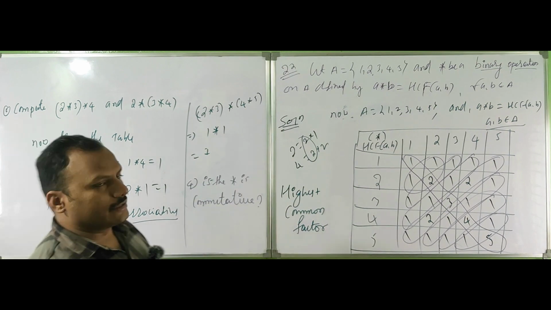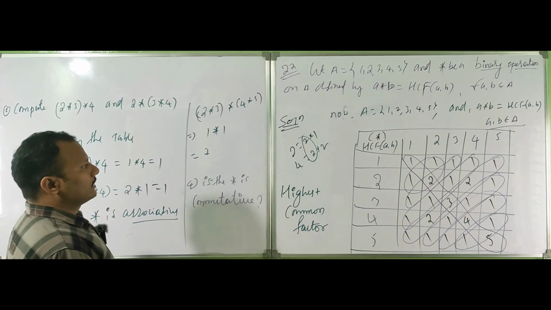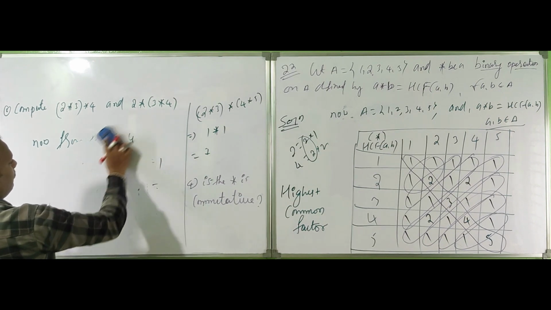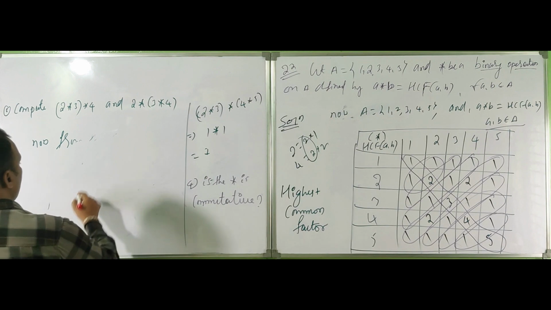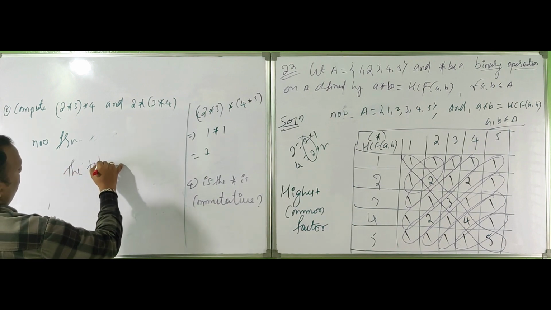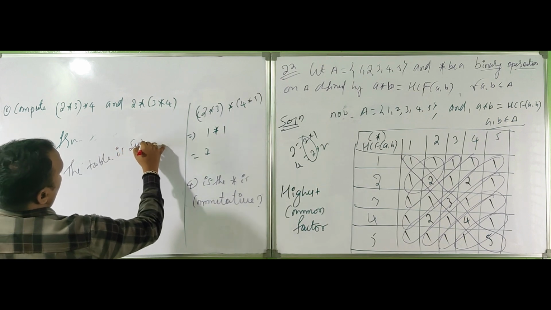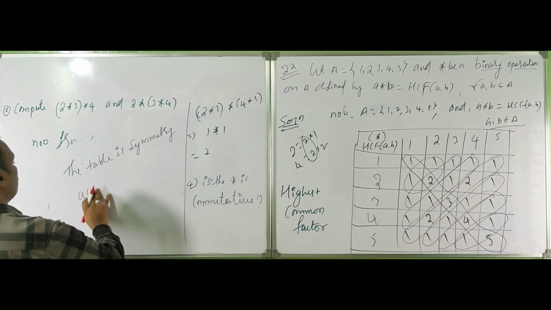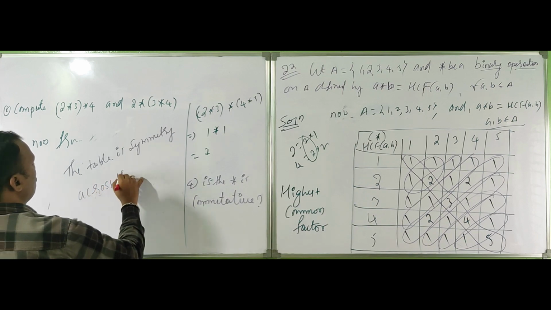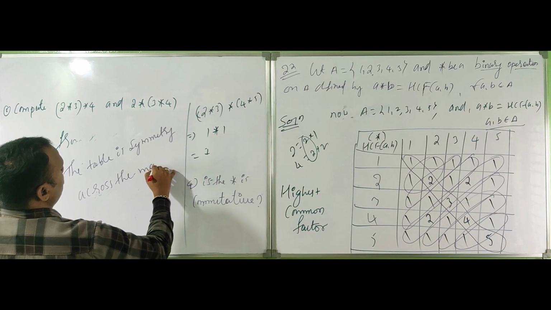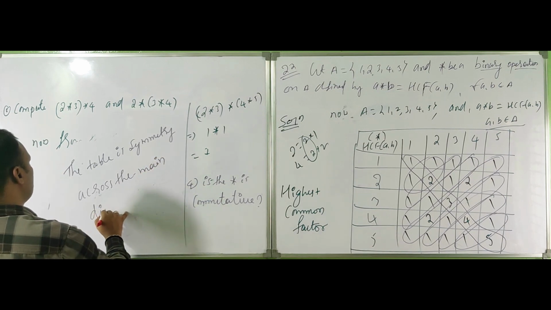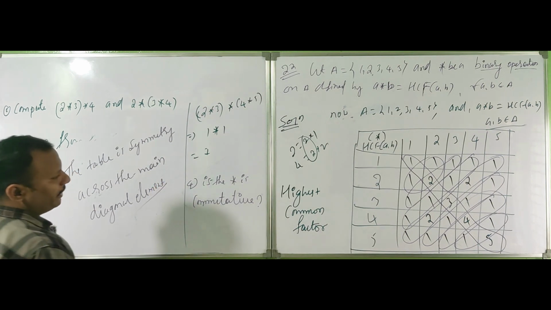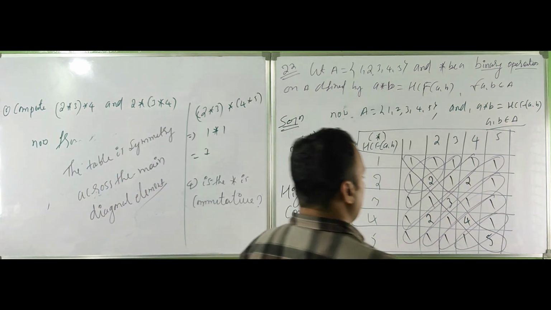Yes, this table is commutative because the table is symmetric across the main diagonal elements.